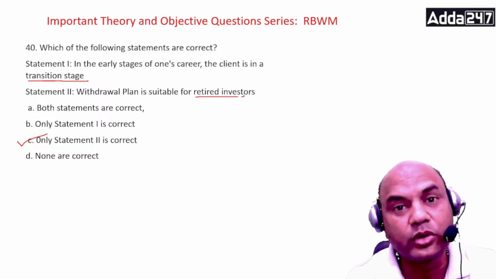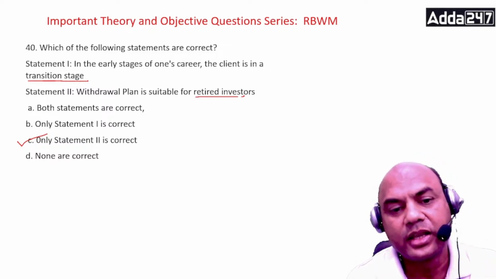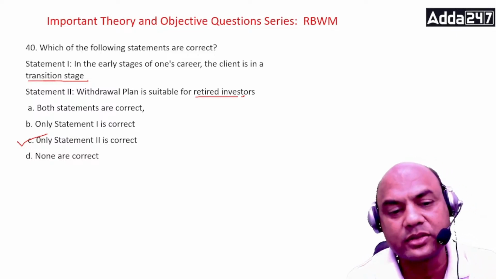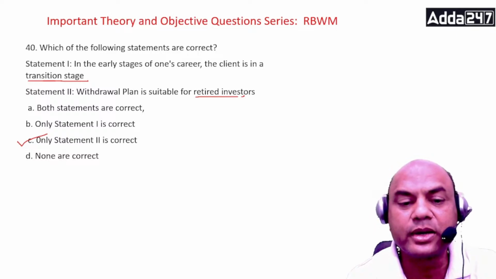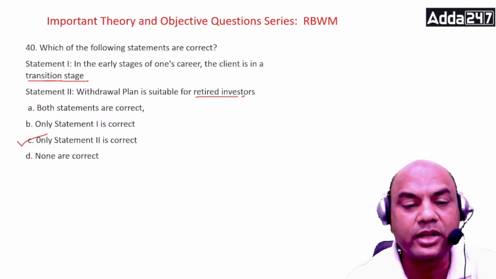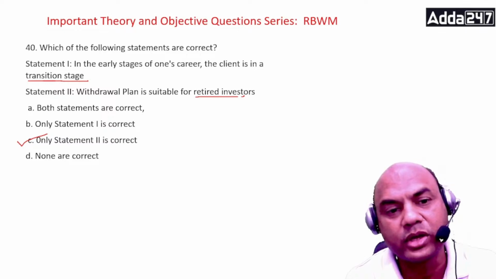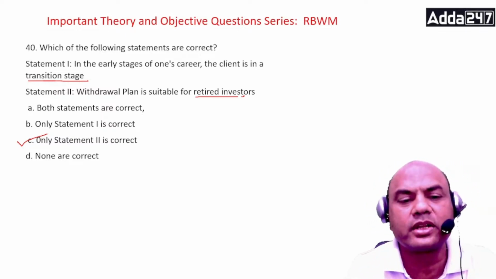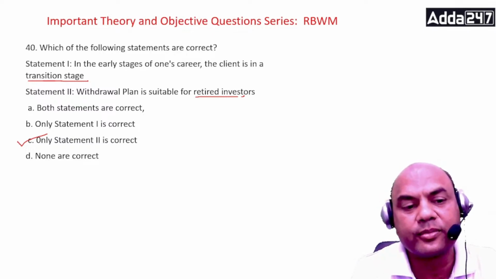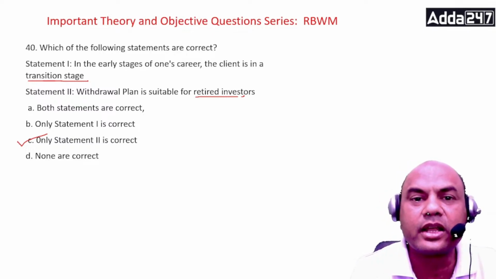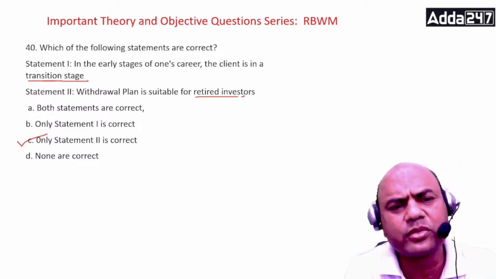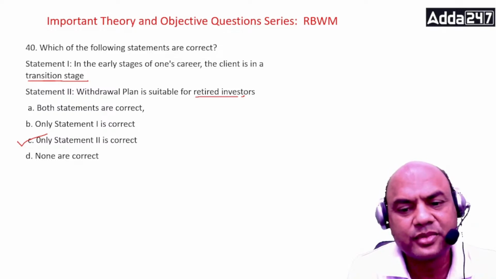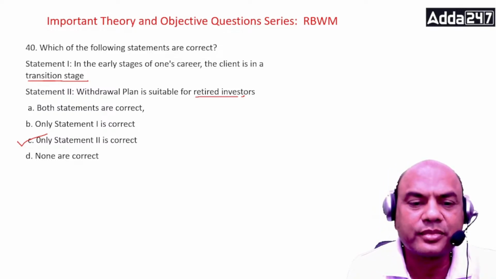As the income through pension is constant, with marginal increase due to dearness allowance, a systematic withdrawal plan is always good for retired investors. Withdrawal plan means they have the corpus and now they have to enjoy their life. Withdraw it, that's it. That's the way it is done. Got it?